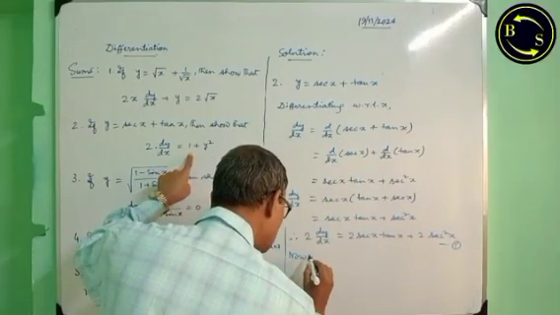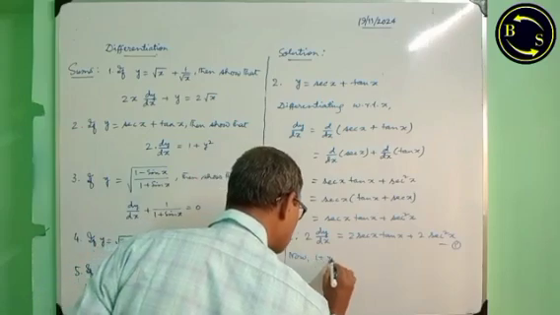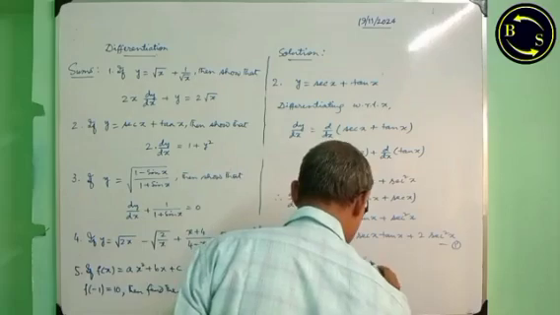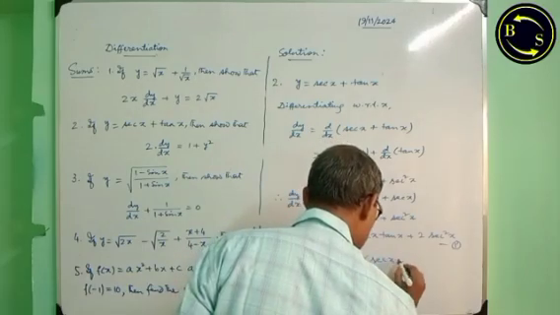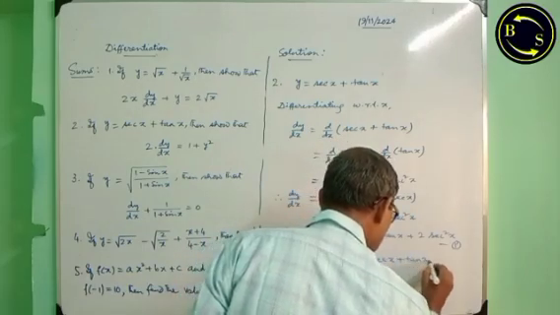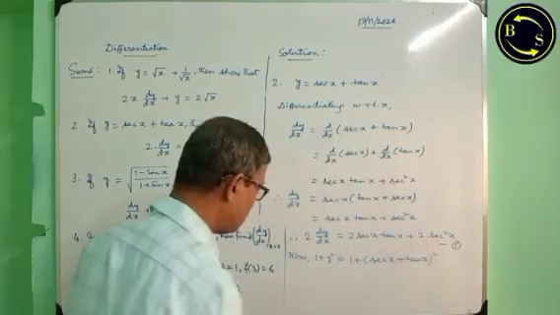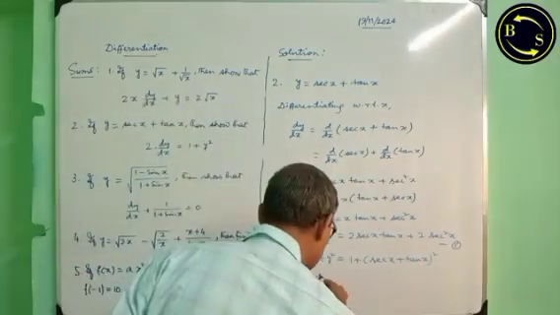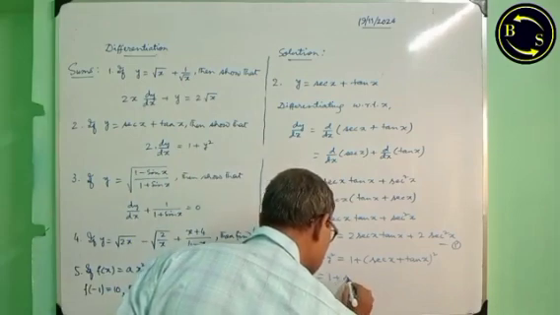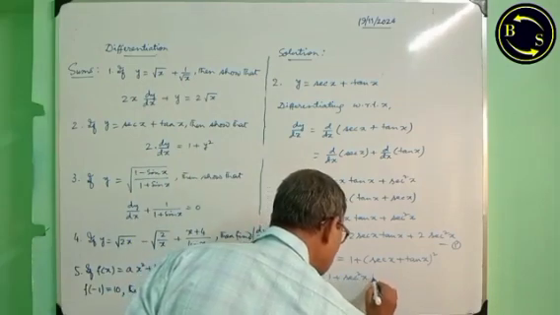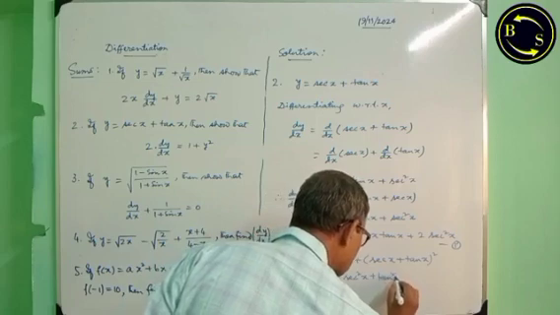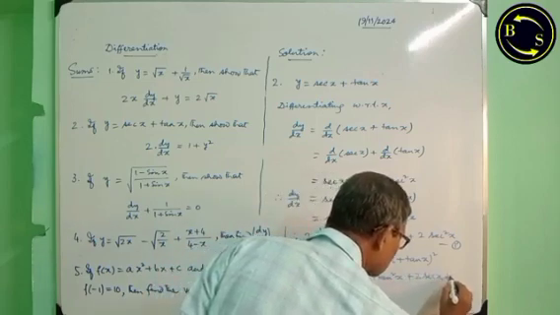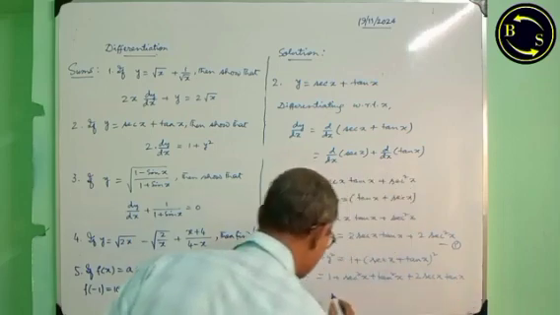Now 1 plus y square, 1 plus sec x plus 10x whole square. Actually we are calculating the right hand part, and we simplify 1 plus 10 square x, sec x tan x.